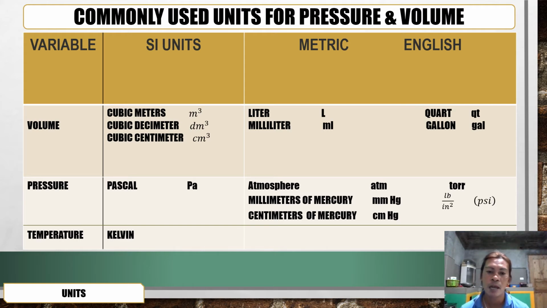And of course, don't forget that the temperature should always be expressed in Kelvin. The formula to convert degree Celsius to Kelvin is Kelvin is equal to degree Celsius plus 273. That is the way we convert degree Celsius into Kelvin.